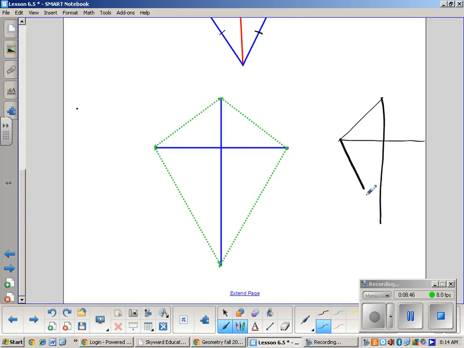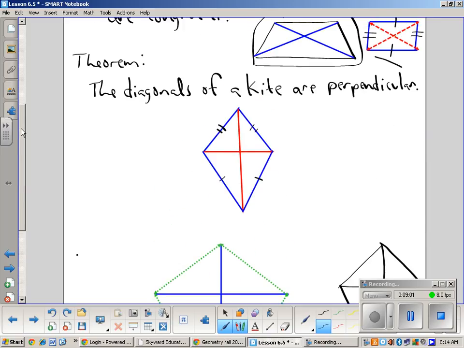And then when you draw these sides in, you don't get in a hurry. You draw those sides in, you have a fairly decent looking kite. Okay? So just something to think about. I'm just applying this theorem that says diagonals of a kite have to be perpendicular. Any questions on those two?